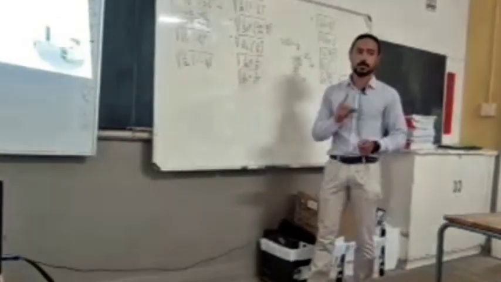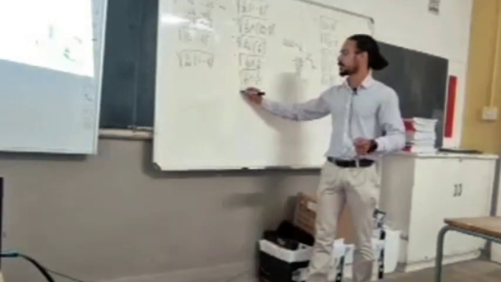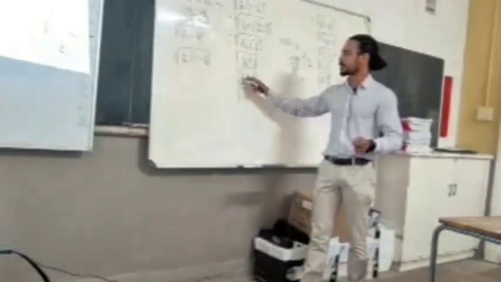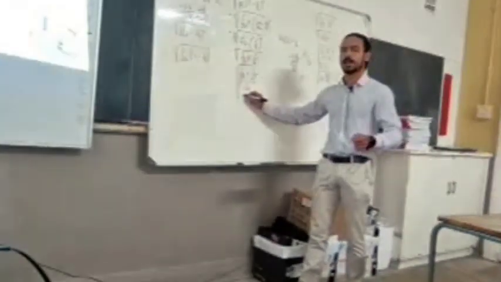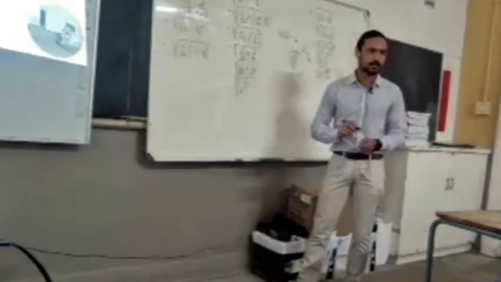Then I'm going to say denominator times denominator: 1 times 1 equals 1, and 2 to the power of 5 times 2 to the power of 4. The bases are the same, so I can add my exponents: 2 to the power of 9.